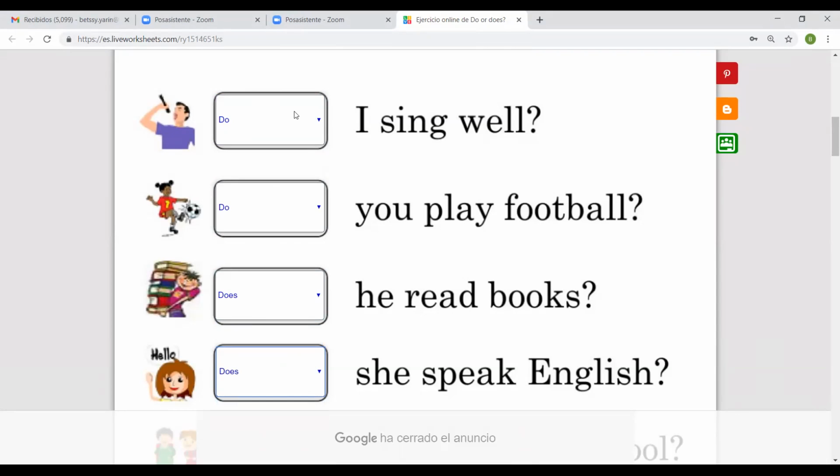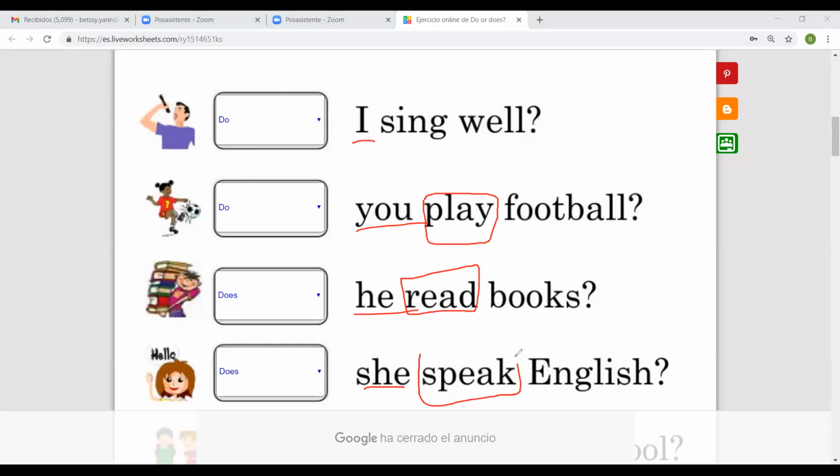So I have to use do or does according to the pronoun in each case. Yes, we have you here, I. In this case, we have the third person that is he or she. Okay? And notice that we use the verb in the base form.